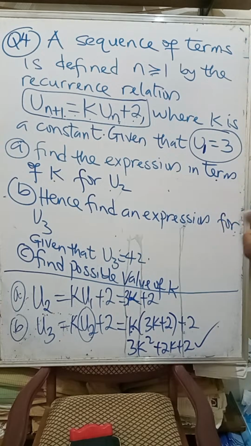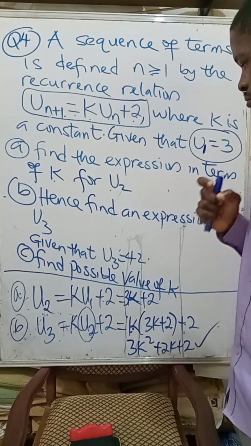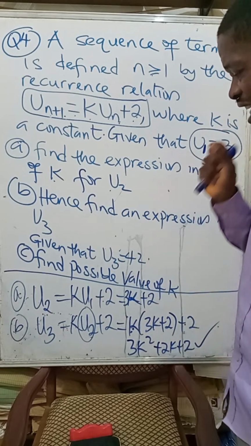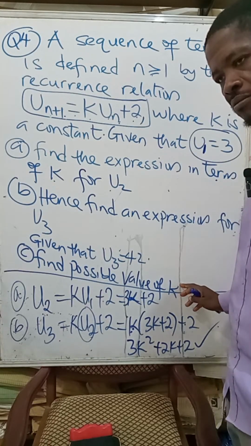So let's see the C part. We've done the A part, we've done the B part. Given that U subscript 3 is 42, find the possible value of k.